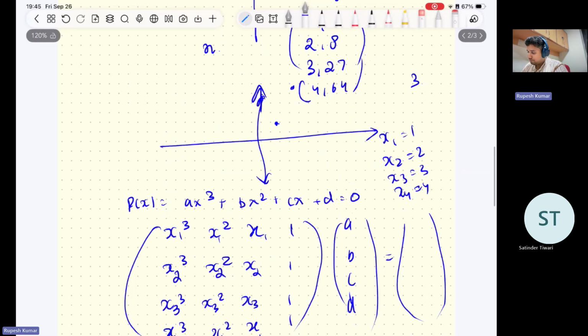For those values, you get the b values as 1, 8, 27, and 64.